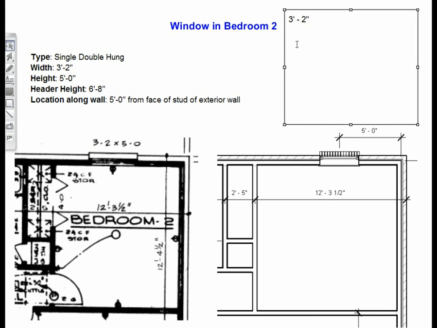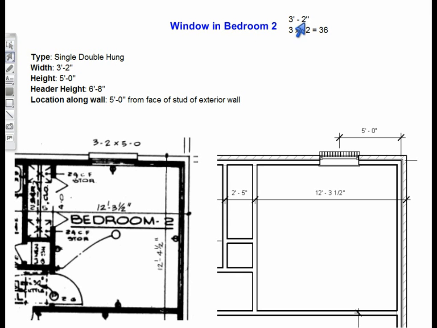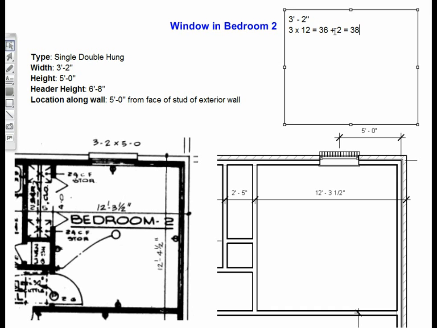To convert 3 feet 2 inches into inches, we need to take the number of feet, which is 3, and multiply it by 12, because there are 12 inches in a foot. That will equal 36 inches. Then we need to add 2 inches to that. So if we do 36 plus 2, that equals 38 inches.